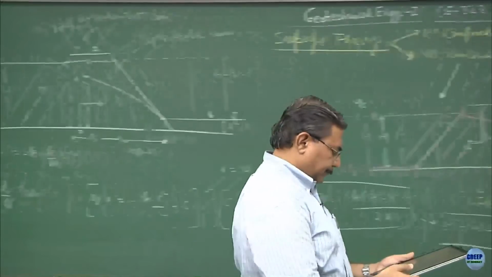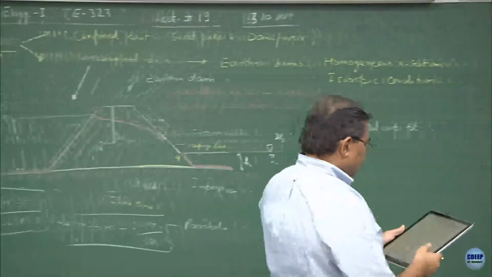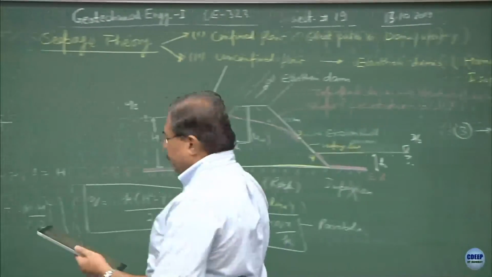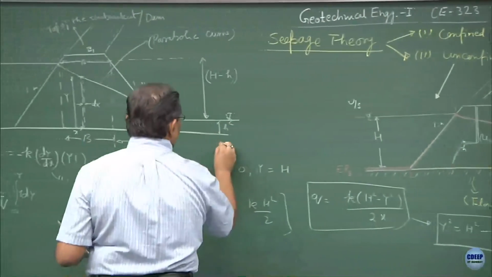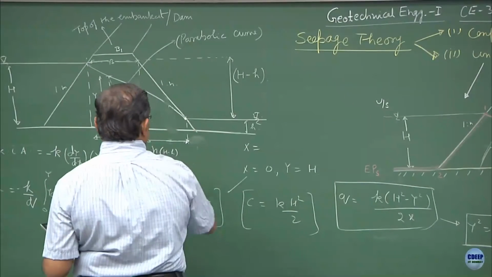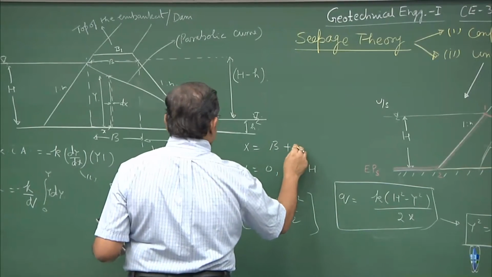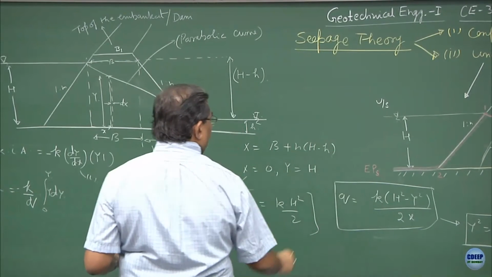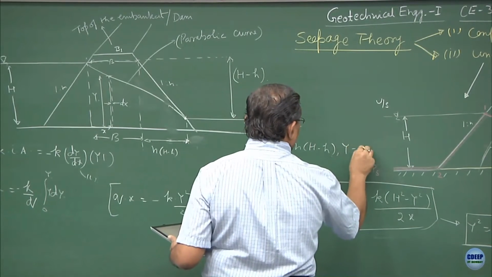This is okay. The other equation will come when you substitute x equal to b plus n times h minus h, and at this point y is equal to h.